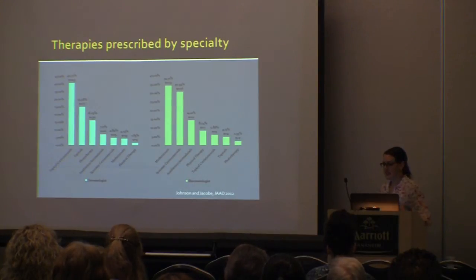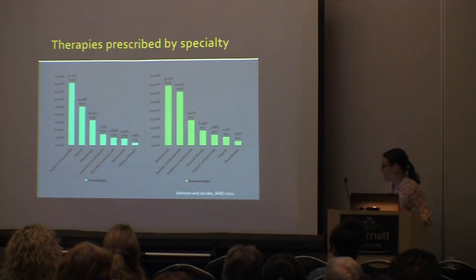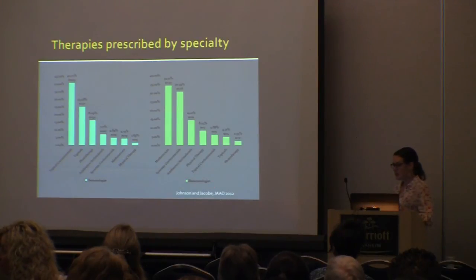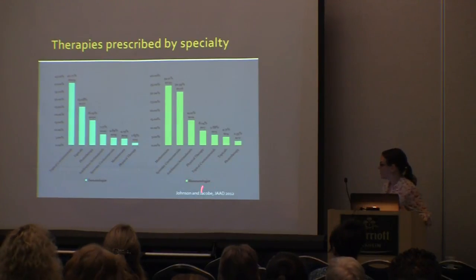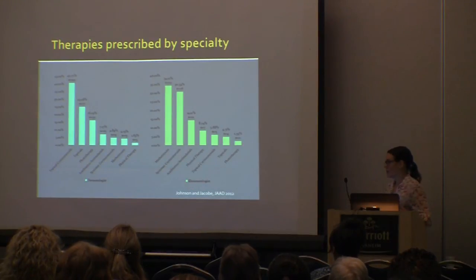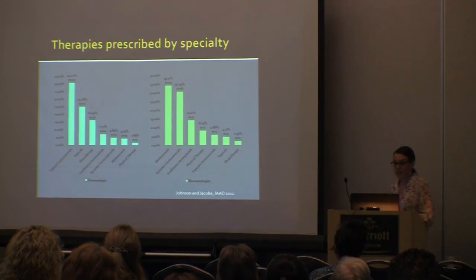So this is a study that we published, and what you can see is that the treatment you get if you have morphea is going to differ a lot by whether you see a dermatologist or a rheumatologist, because people use what they're comfortable with. So if you see a rheumatologist, you're very likely to get methotrexate and or steroids, irrespective of what type of morphea you have. If you see a dermatologist, unfortunately, you're going to very likely get a cream, irrespective of what type of morphea you have.